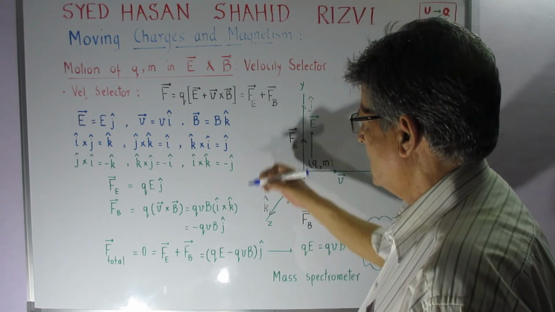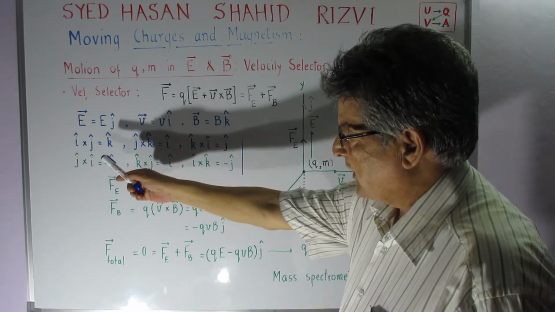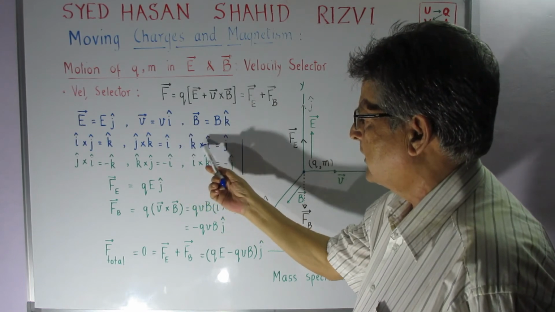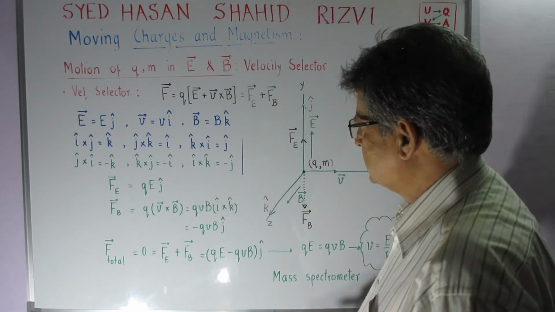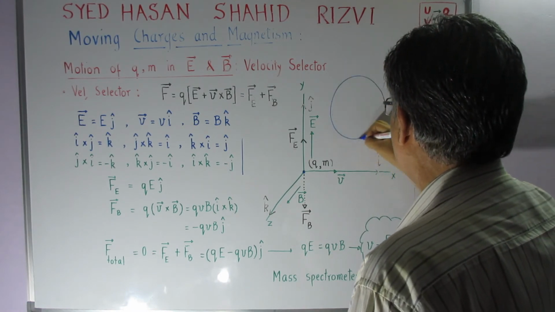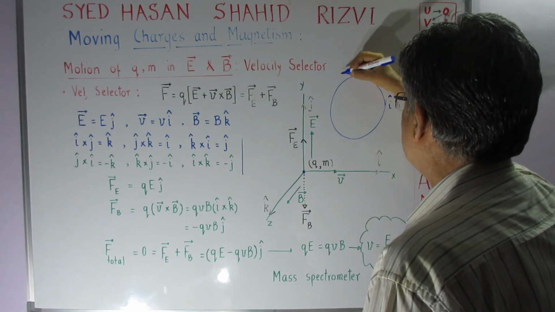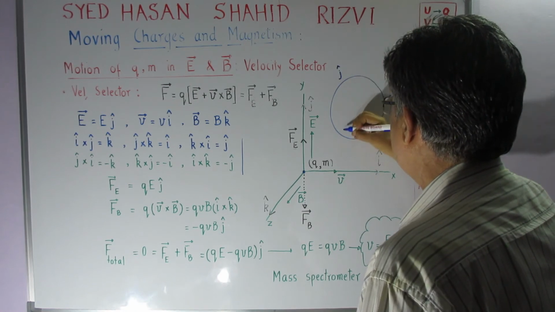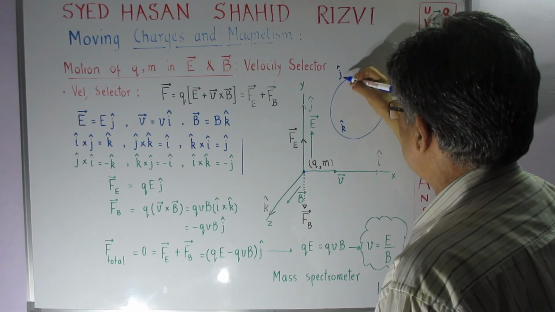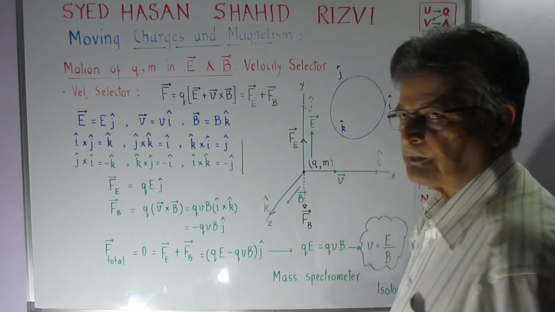Now if you remember, i cross j is equal to k, j cross k is equal to i cap, and k cross i is equal to j cap. So this is the cyclic order. If I have i cap, j cap and k cap, and I go for the cross product, this crossed with this gives this, and this crossed with this gives this, and so on.